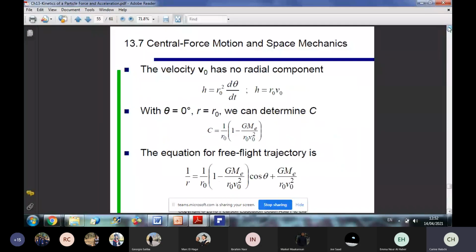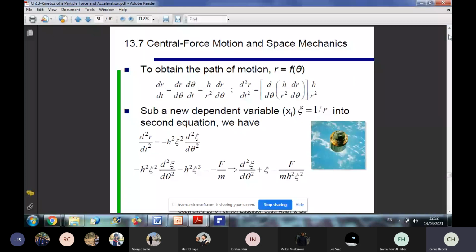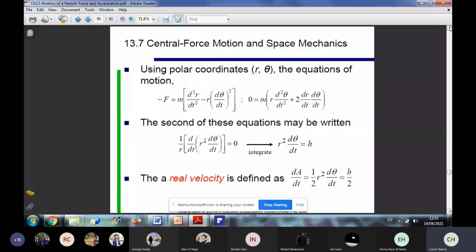Look here. When we did the derivation, if you remember last time, when we wrote this expression, we found that h is r square d theta by dt.